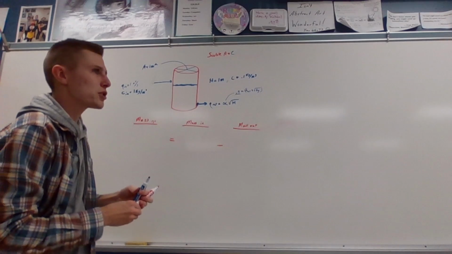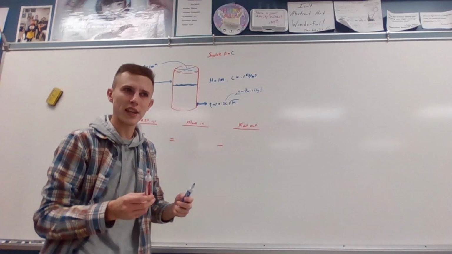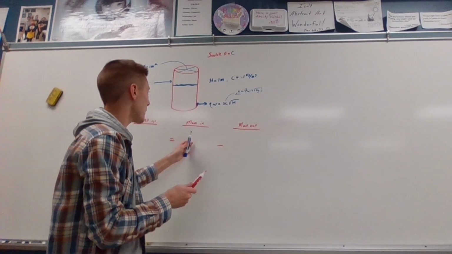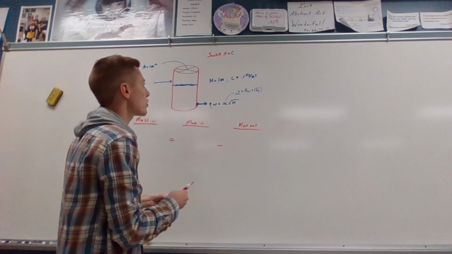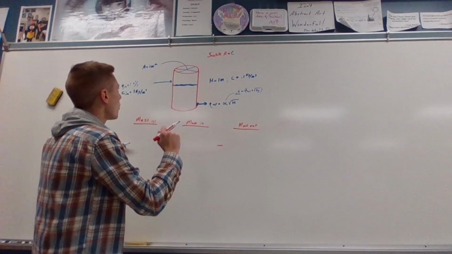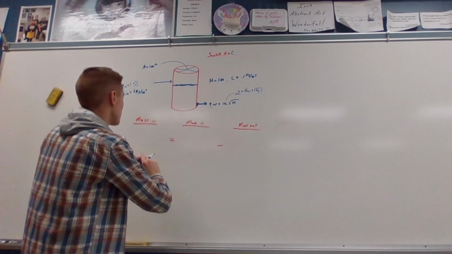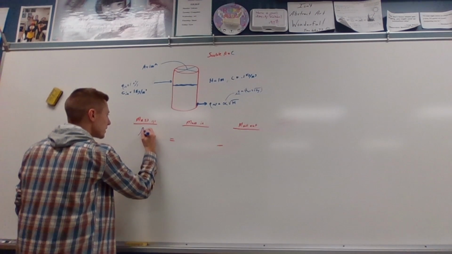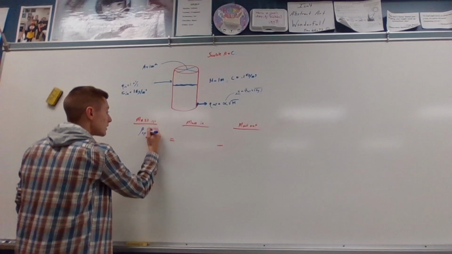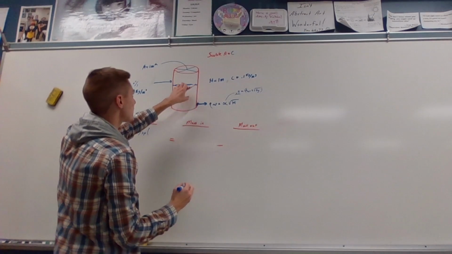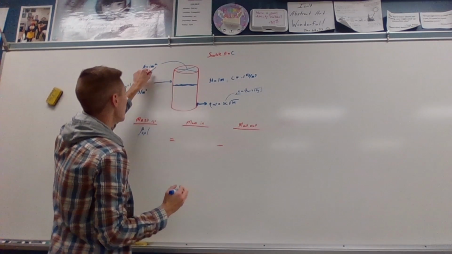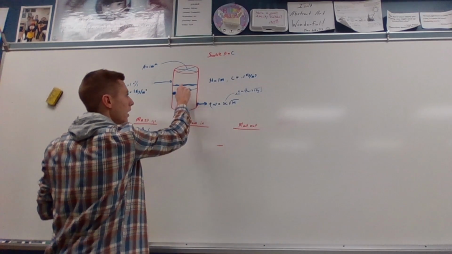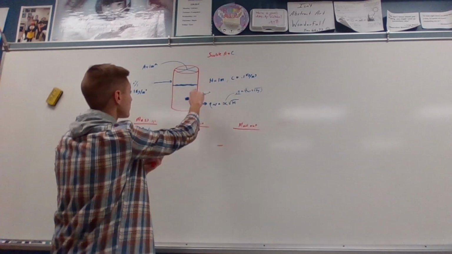We can use a relationship which we know: that mass is equal to density times volume. So we're trying to find mass. We don't have initial masses, so we need to solve for mass. So we can say that the density of the system times the volume, which in terms of this cylinder is equal to the cross-sectional area times the initial height of the water inside, which is 1.